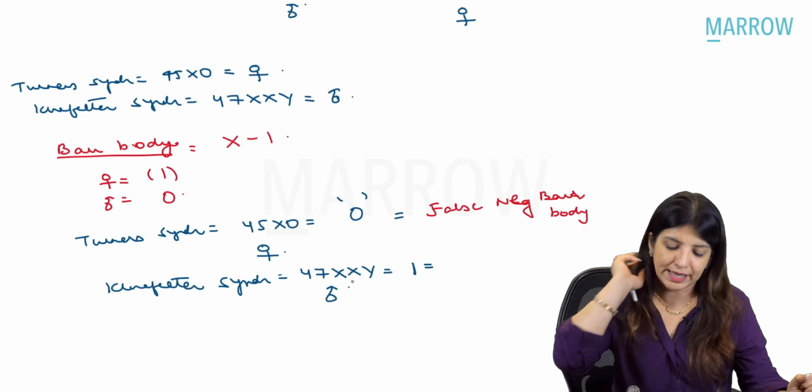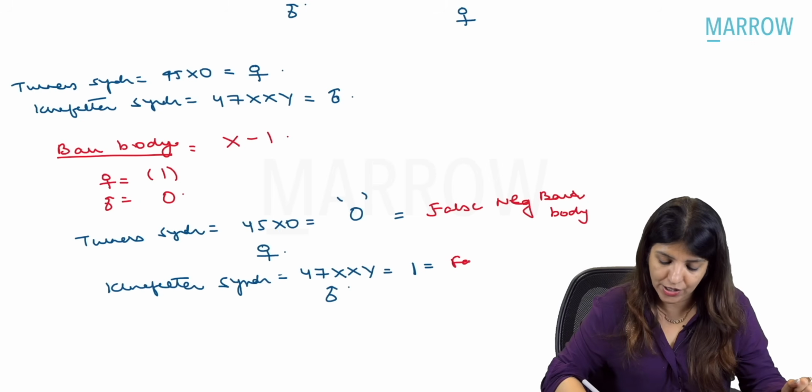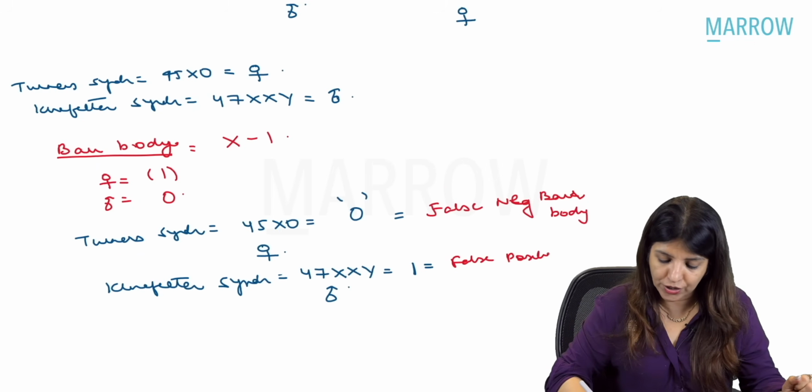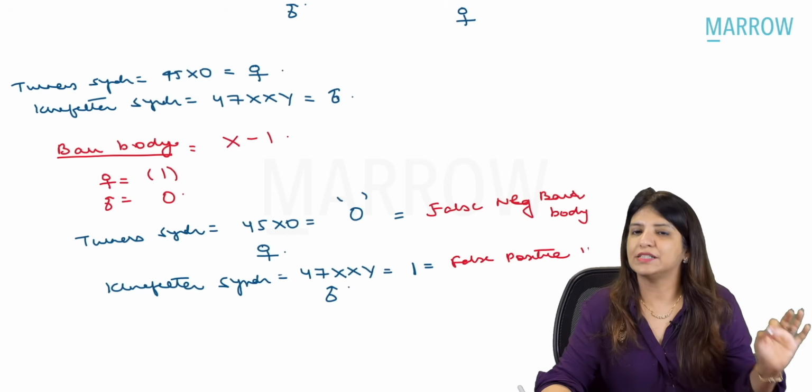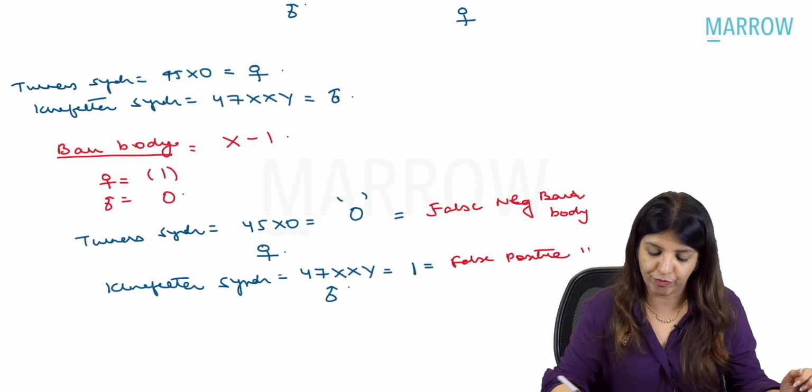The number of Barr bodies is 1, and this is what is called a false positive Barr body. Clear to all of you? So we have a false negative Barr body and a false positive Barr body.